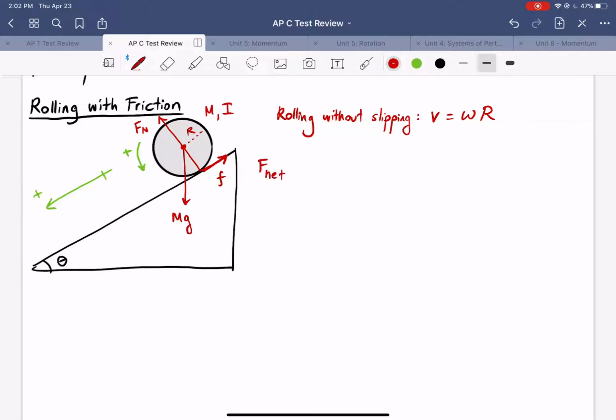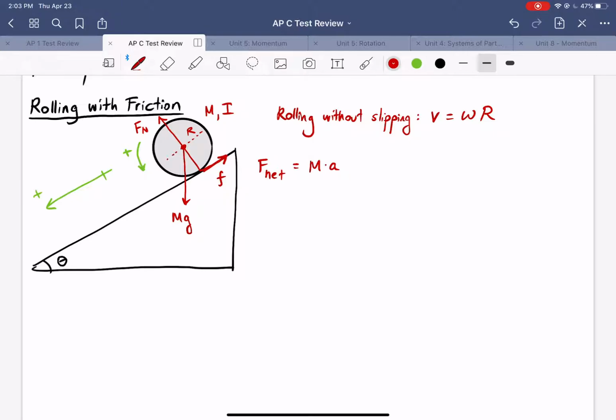The net force acting on this object is equal to its mass times acceleration. This thing is only going to accelerate in the direction that's parallel to the incline. So I can ignore the normal force and the component of the weight that's opposite the normal force. Those will just cancel each other out. So I'm going to have two forces in the downhill or uphill direction.